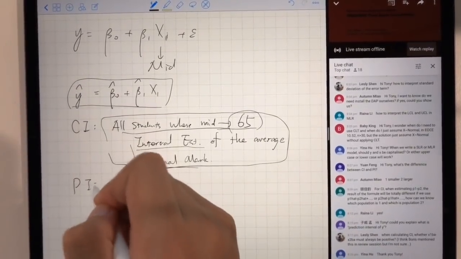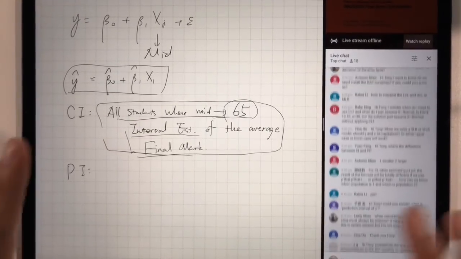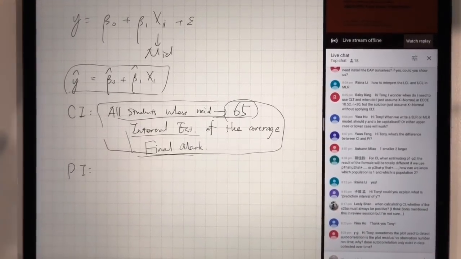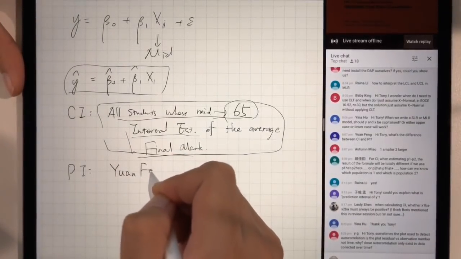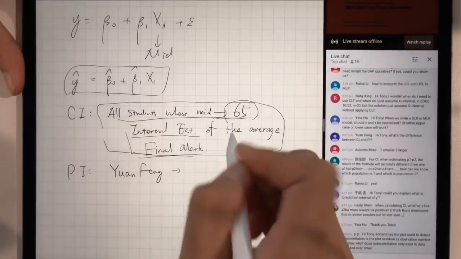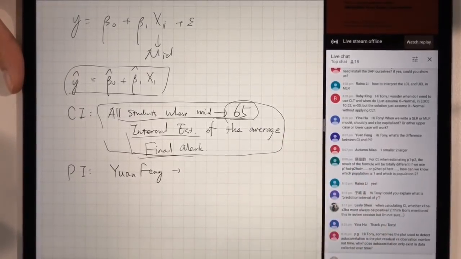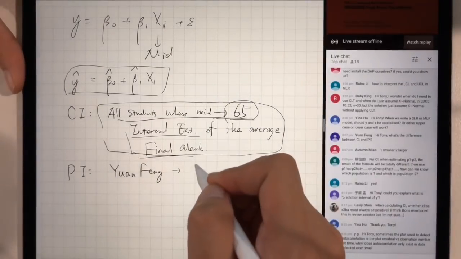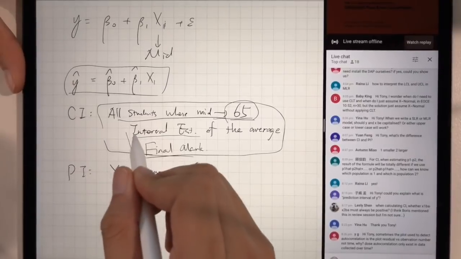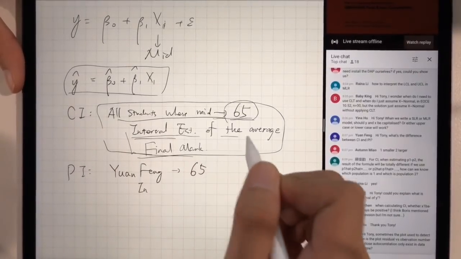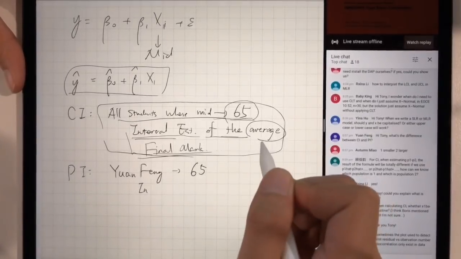But for prediction interval, it is actually predicting a particular observation, okay? So for example, if we know Yuan Feng has got, well, I believe you get much more than 65, right? But let's suppose you only get 65. So Yuan Feng got 65. What is the interval estimate of Yuan Feng's final mark, not the average, but Yuan Feng's?